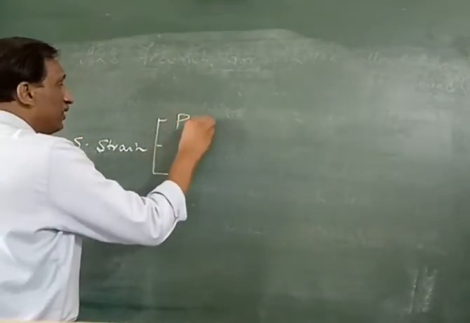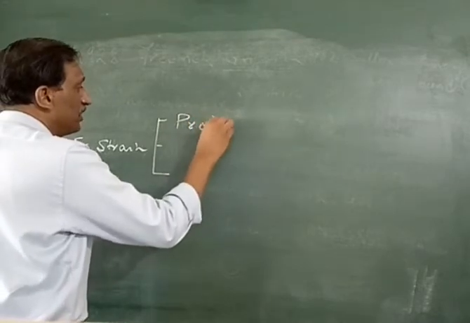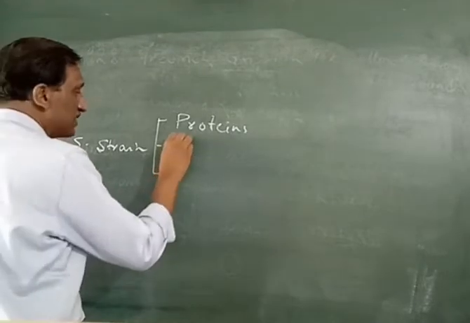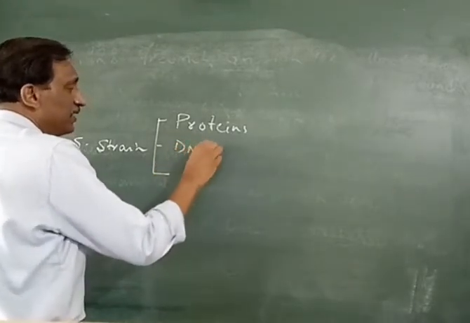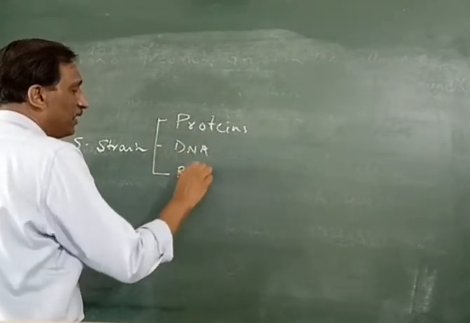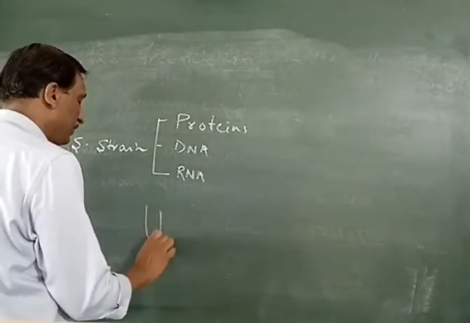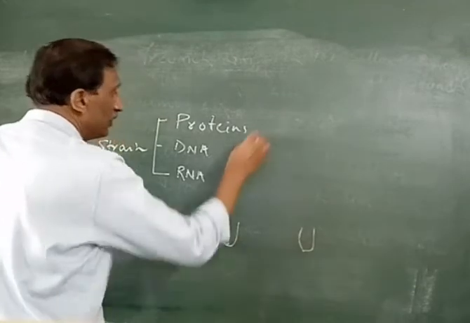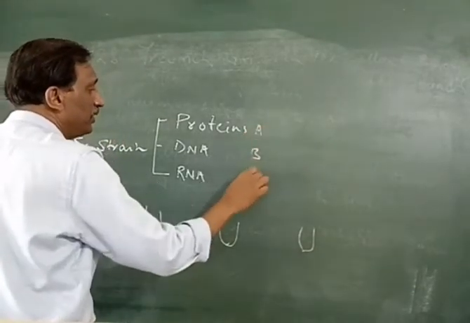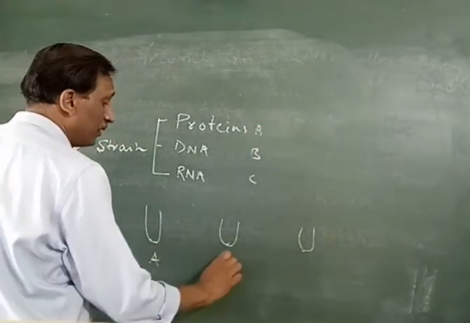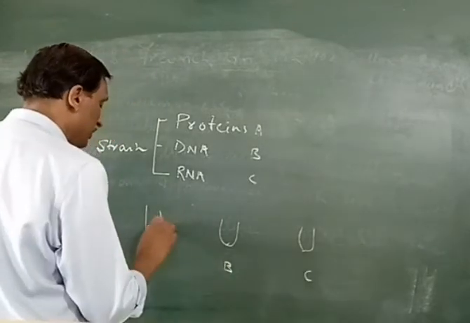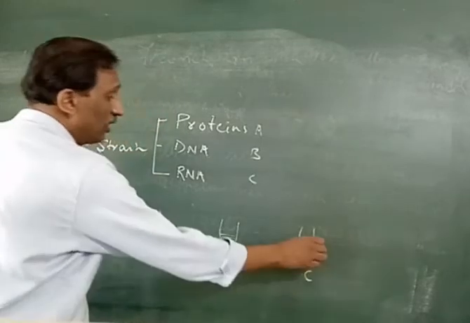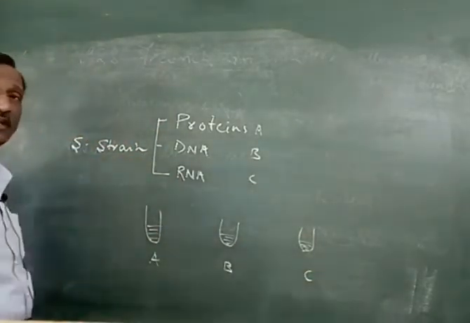They separated all the proteins from the S strain. They separated the DNA and the RNA, and took them in test tubes A, B, C. In one they took all protein, in another all DNA, and in another all RNA from the S strain.